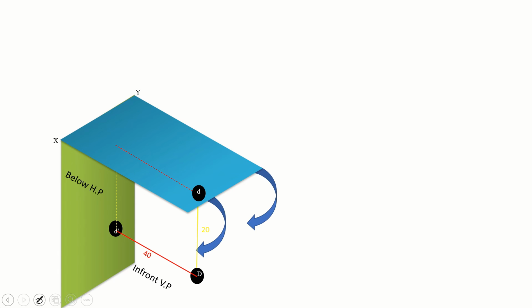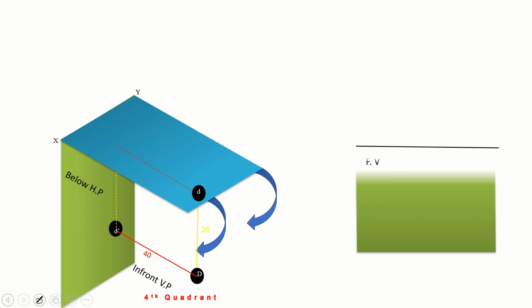So we have drawn the top view and front view. Now I am tilting the horizontal plane in the clockwise direction. Now I am drawing the front view D dash, which is 20 mm below the XY line, and the top view is also below the XY line, which is 40 mm. This is how we have to draw the projection of points in four quadrants.